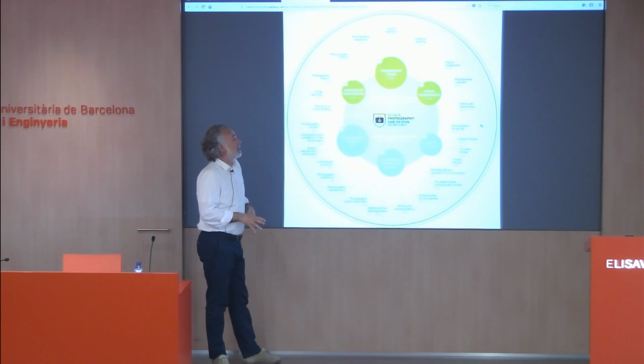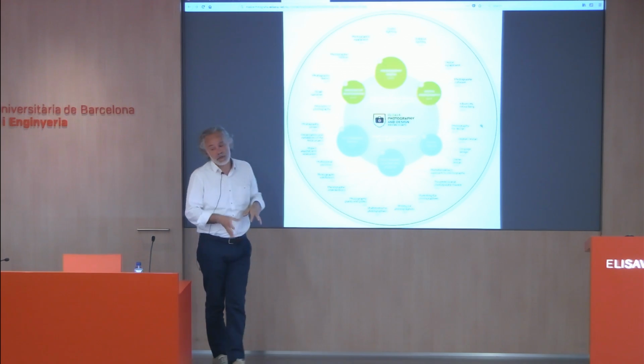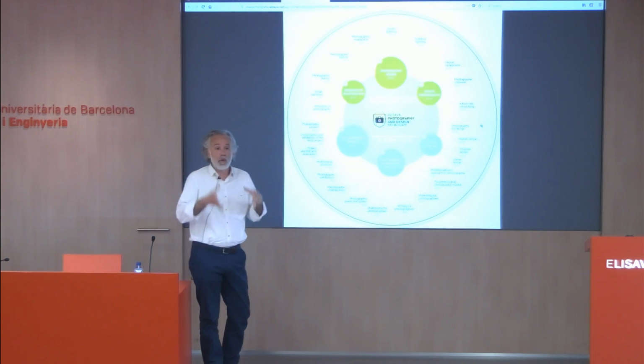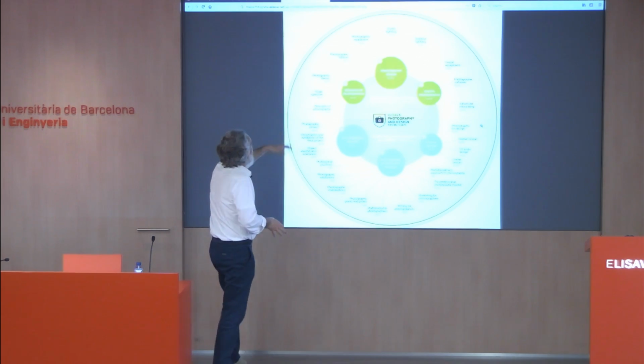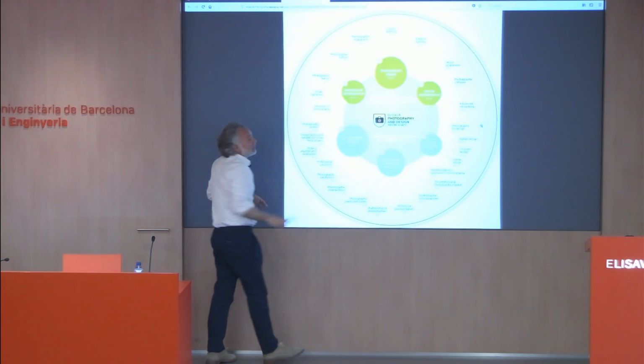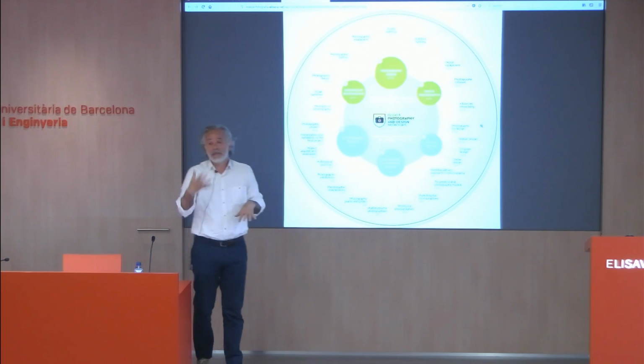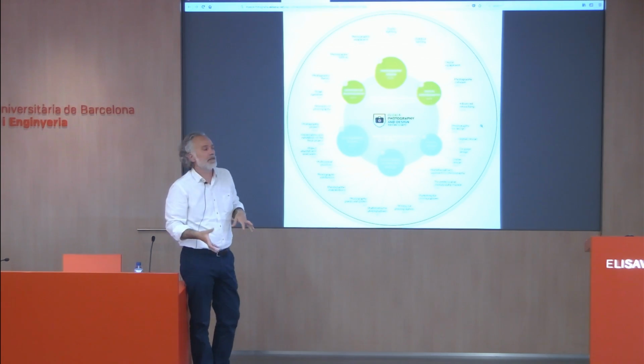Here at Elisava and also in this MA, all the lectures, all the classes are very practical. We are always taking photographs. So even if we do photography theory, we do it by taking photos.